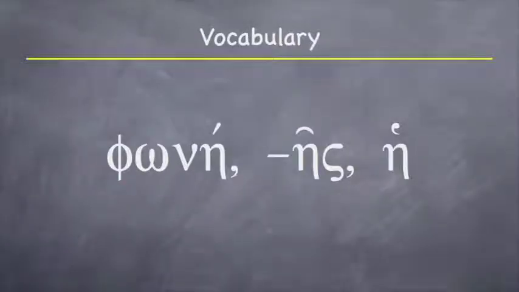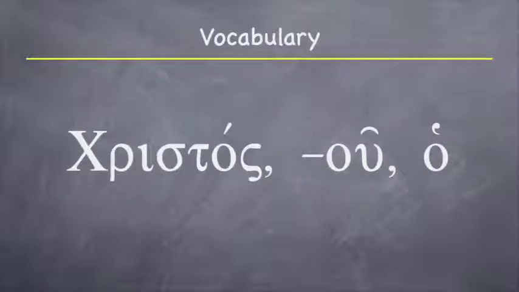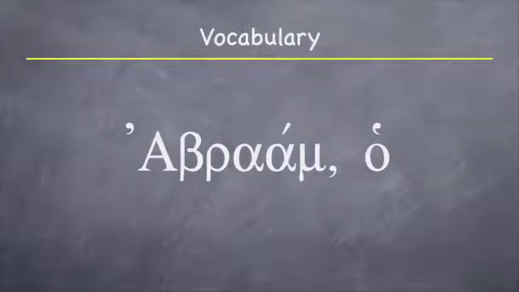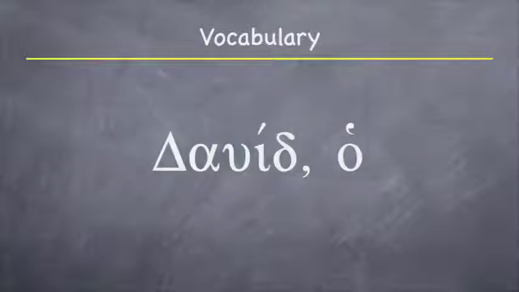Phone. Phone means sound, noise, voice. And you already know this word, Christos. Christos means Christ, Messiah, Anointed One. And now we'll do some proper names. Abraham. Abraham means Abraham.